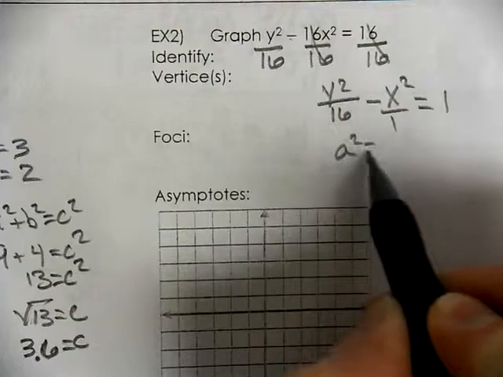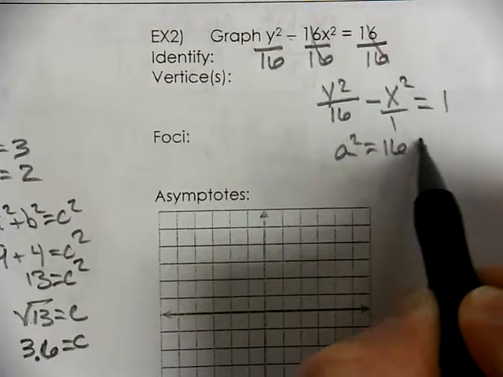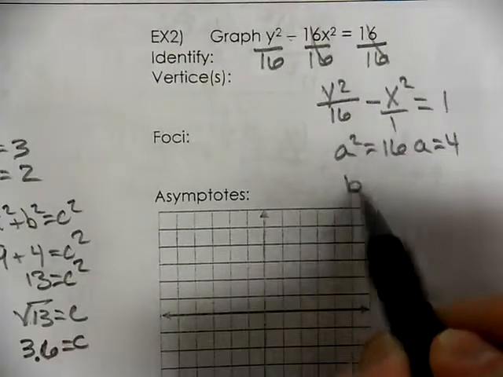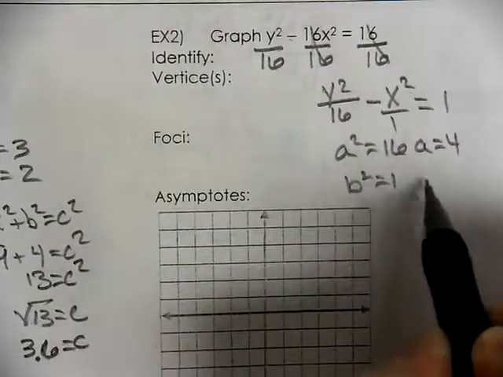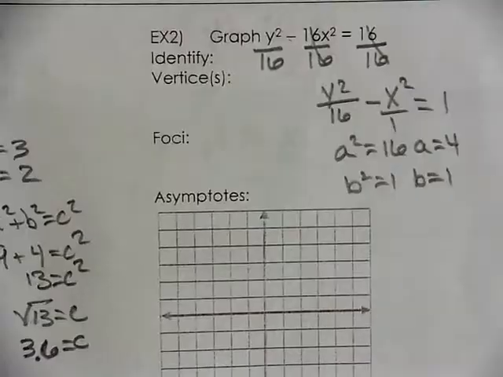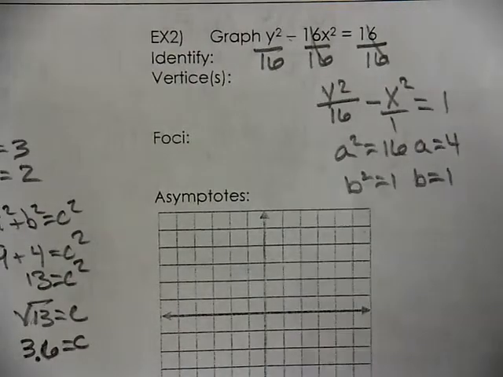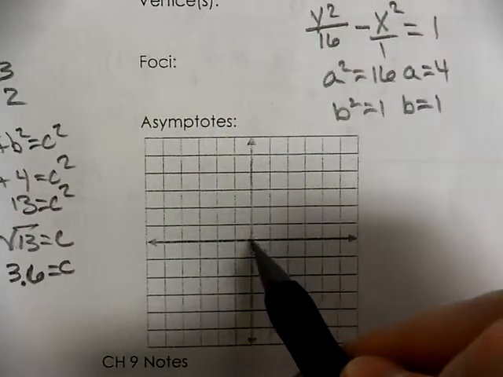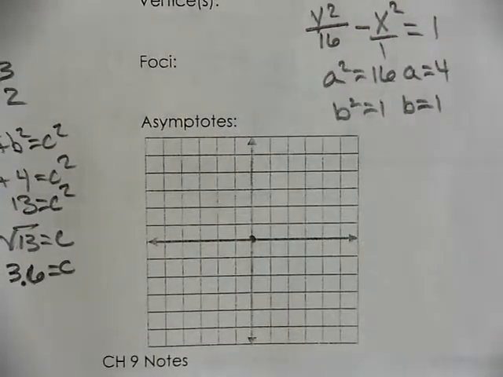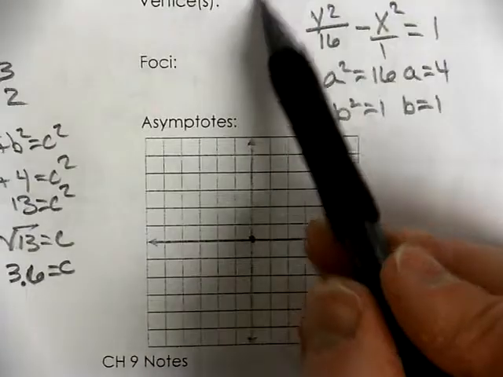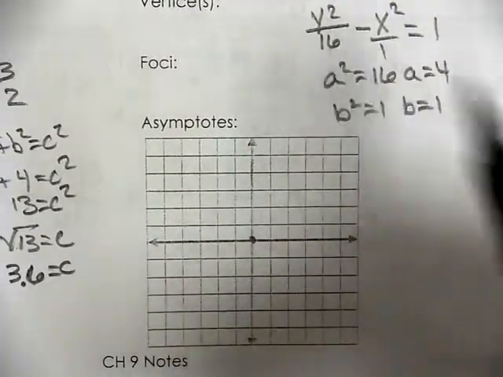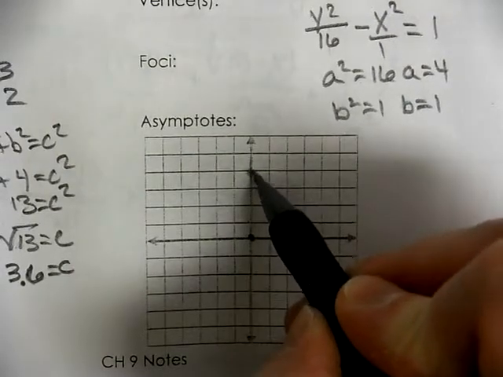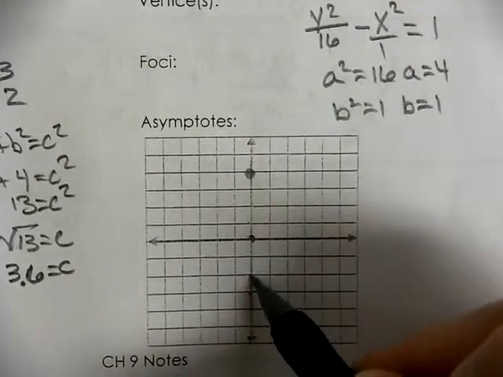So your a squared always comes first. It doesn't have to be the largest. Your b squared is a value of 1, and when you take the square root of that, you still get 1. So when we come down to graph that, we have our center. Our a value is going to follow the y coordinate, so that's a value of 4 up and 4 down.